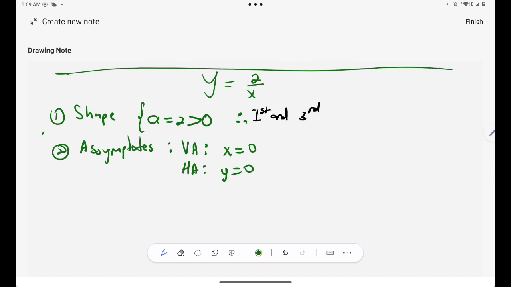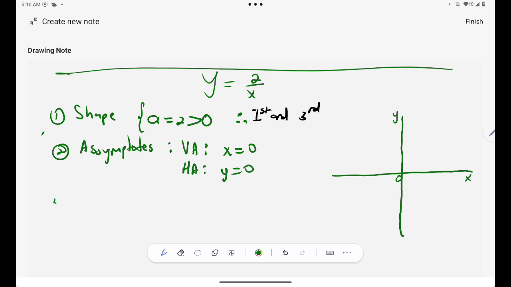Simply put, the x-axis and the y-axis are my asymptotes. Are you together?